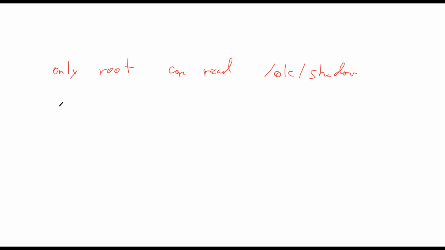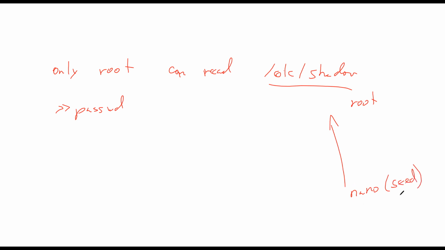We already talked about the program that we need, Passwd. So if a user wants to change that password, how can he do it since he does not have access to the shadow file? This is only root. And if a regular user like seed tries to change it directly with nano, you will be denied.